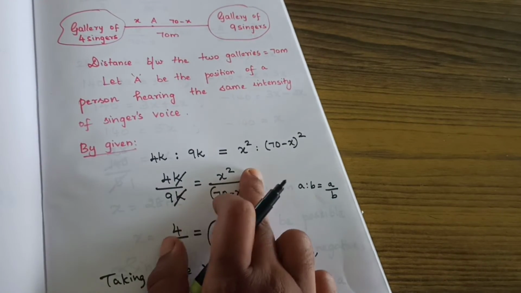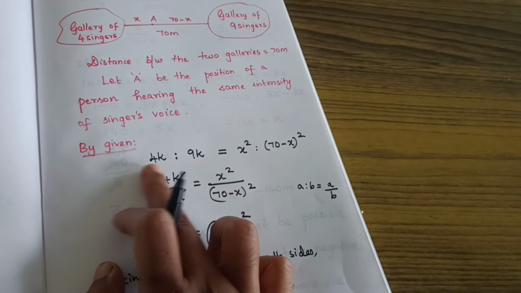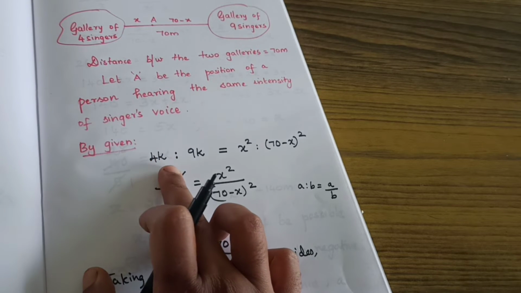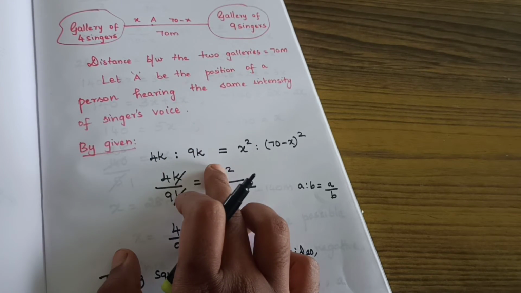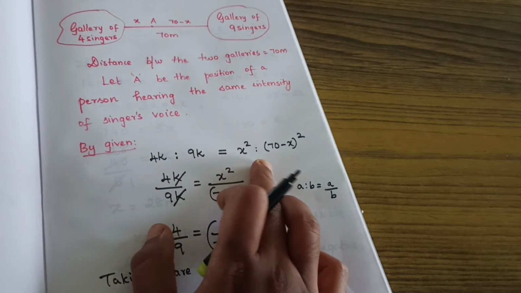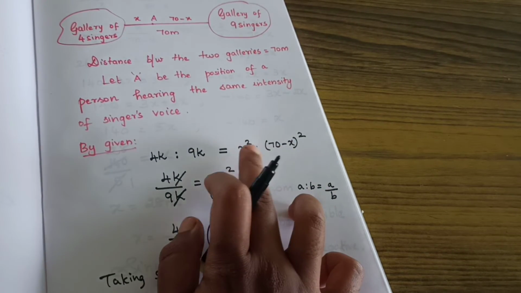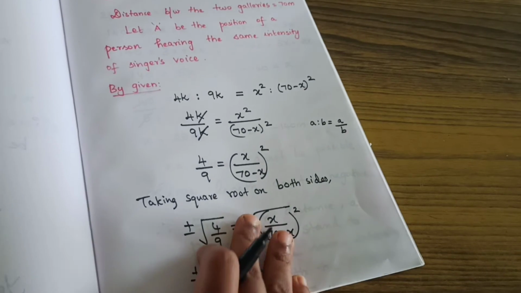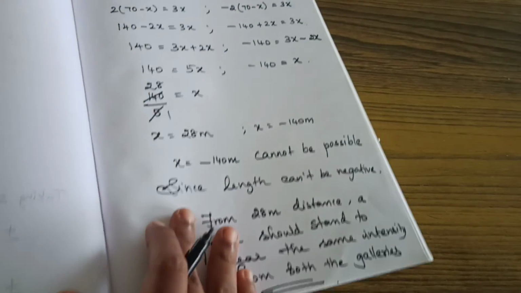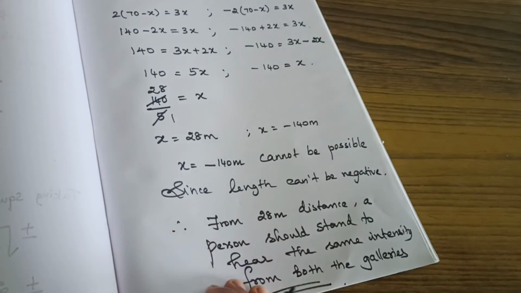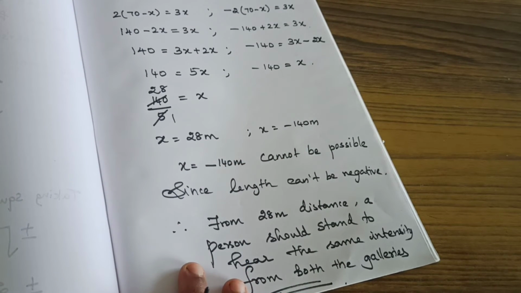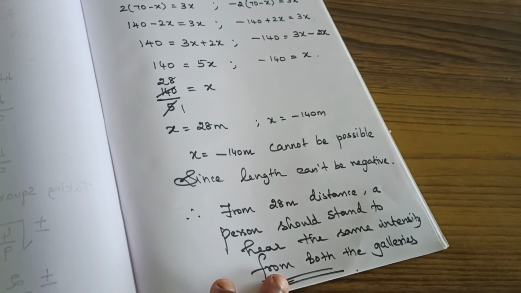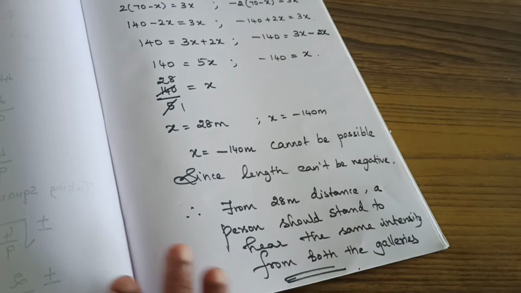By the hint they gave, the ratio of the intensities, 4k into 4 singers voice and 9k for the 9 singers voice, is equal to the square of the ratio of the corresponding distances. After that we take the square root and get two values. While solving the two values separately, we get one minus value and one possible plus value. The minus value is not possible because length cannot be negative. And the final answer is x equal to 28 meter.